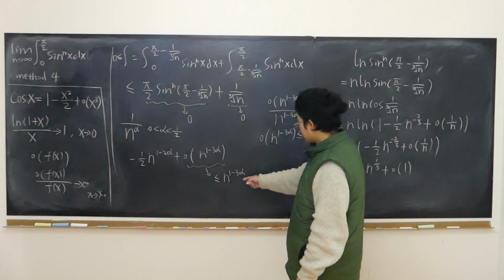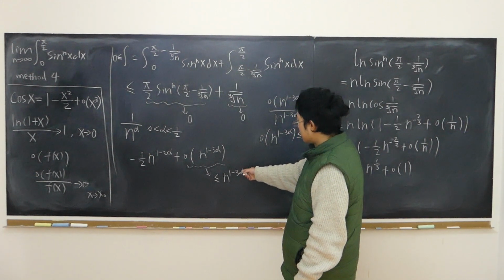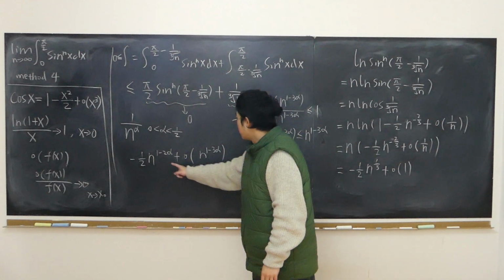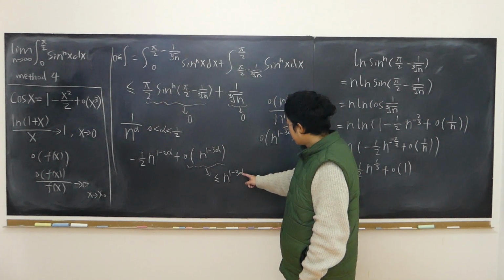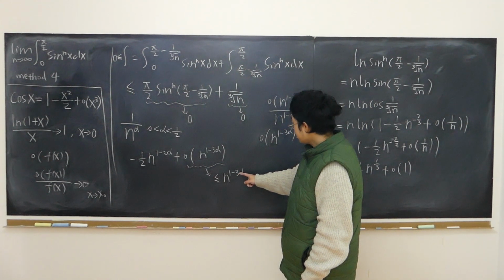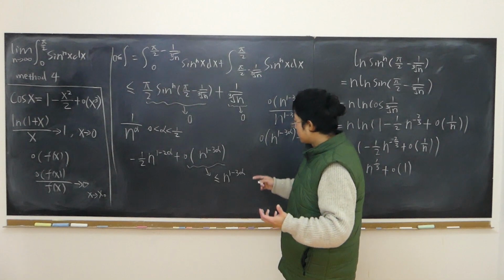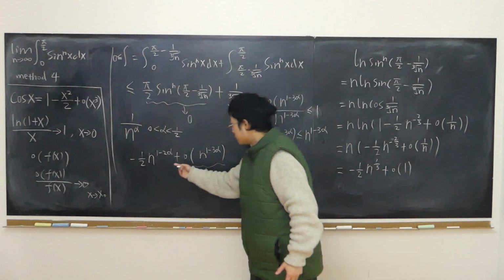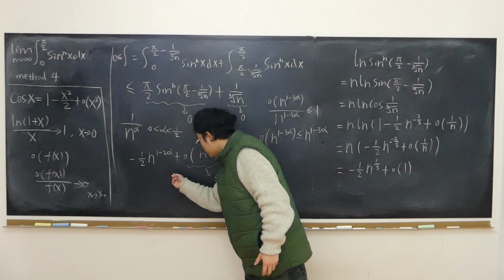If the power is positive, even though it is positive, it is still smaller than that power. But if the power is somehow negative, then it can be written as 1 over n to some positive power, which easily approaches 0, and of course cannot affect the overall tendency of this negative infinity either.